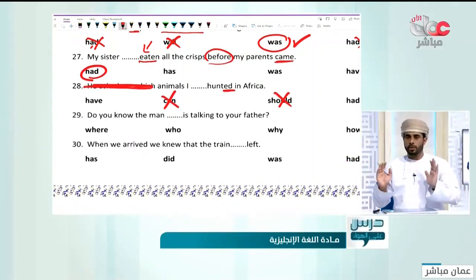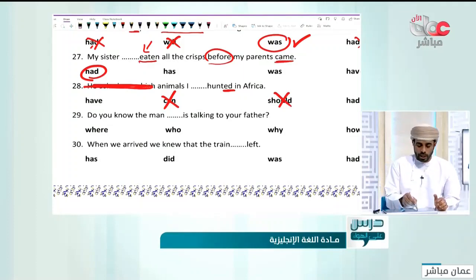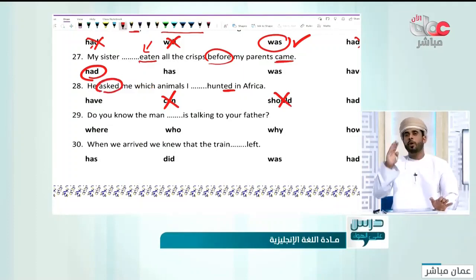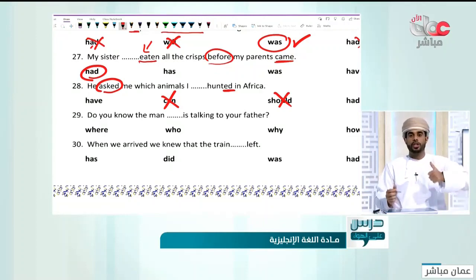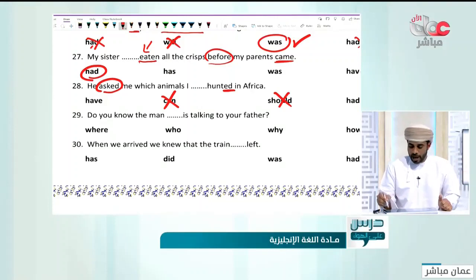Present perfect. Good. But because we have the word asked, it is the reported speech. And we said in reported speech, we go back in time. So it used to be have hunted. Because of the word asked, we change it to the past perfect, which is what? Had hunted.